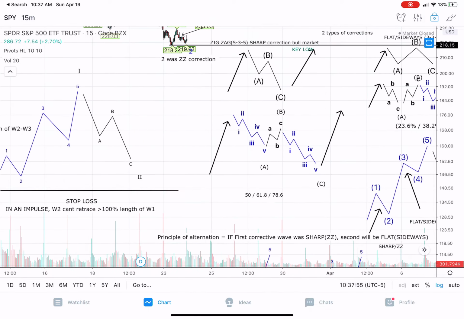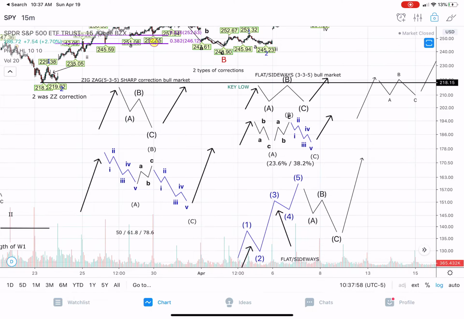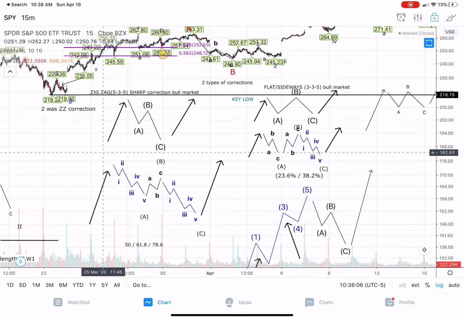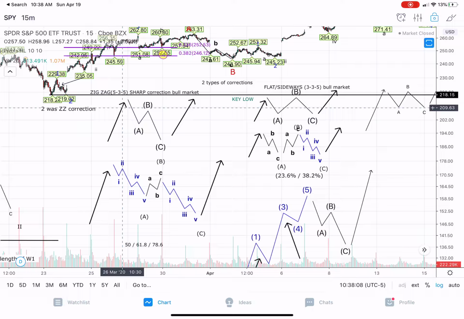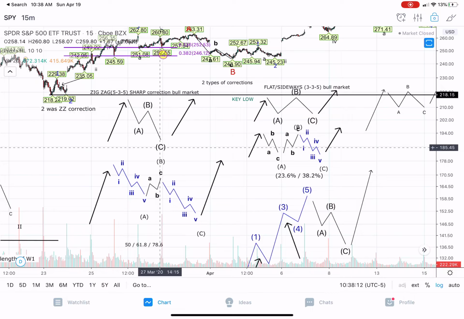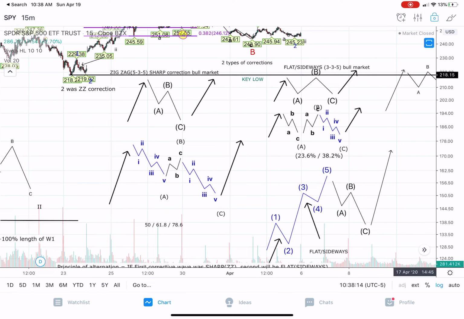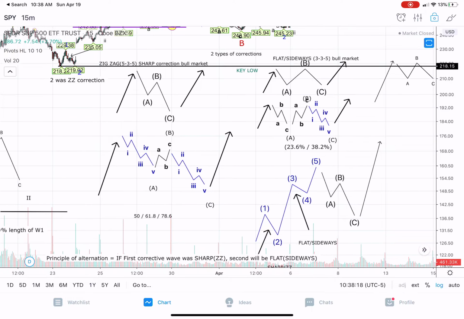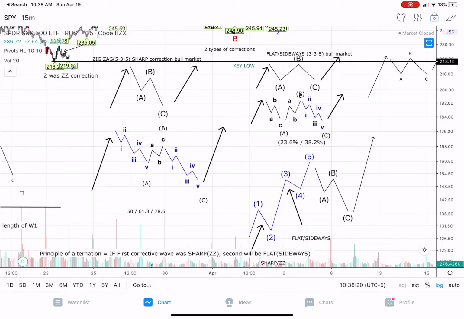Here are some common corrective patterns. There are 2 types of key corrections. You have your zigzag right here, which is basically a sharp correction. So you have an up move, and then you have a sharp zigzag correction. So you have your ABC down and up. It's called a 5-3-5 because the subdivisions are 5-3-5.